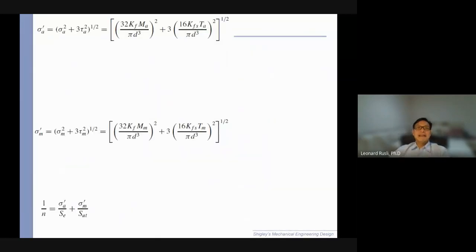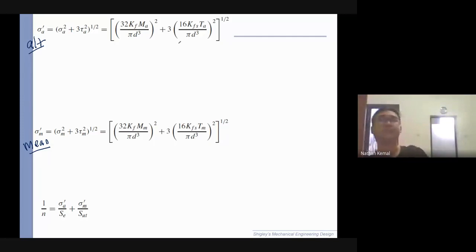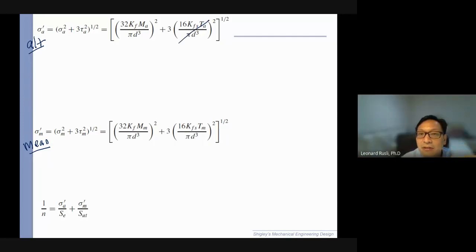All right. Here are the big equation, the shaft equation for alternating stress and mean stress. Again, the good news is which part of this is 0 on the top equation? Torsion, Pak. All right, PA is 0. So that all goes to 0. Therefore, we have 32 KF, again, this is F from the bending.